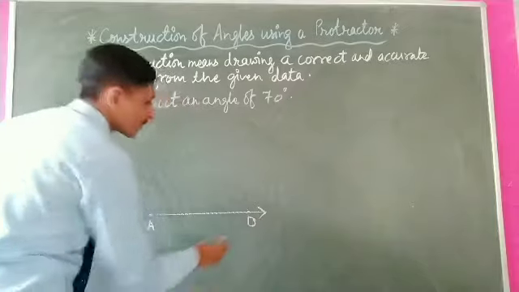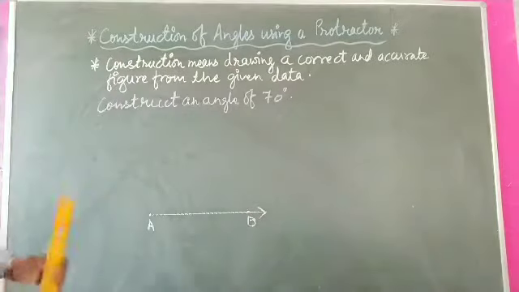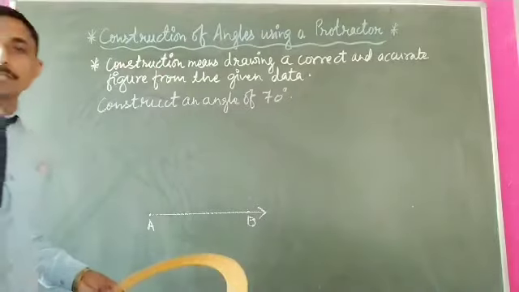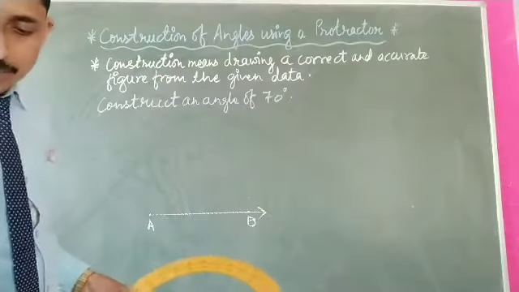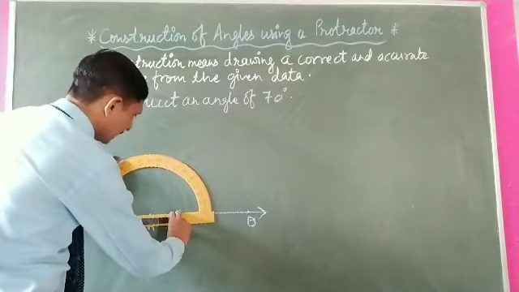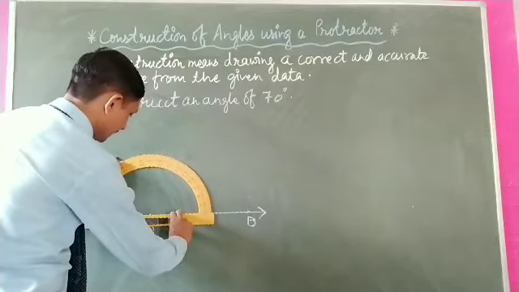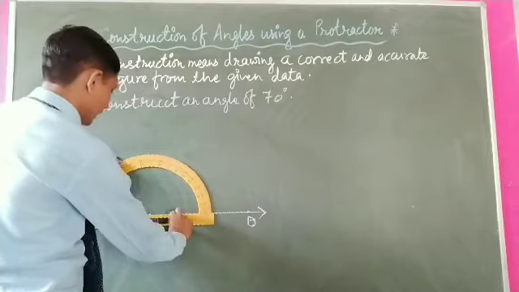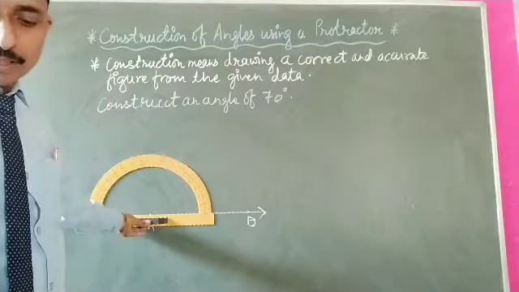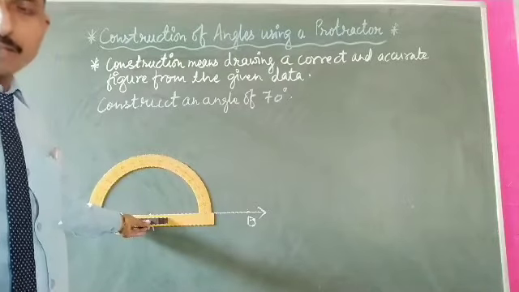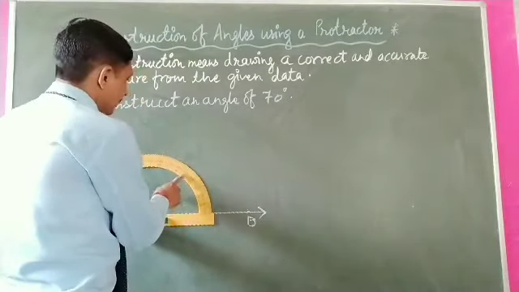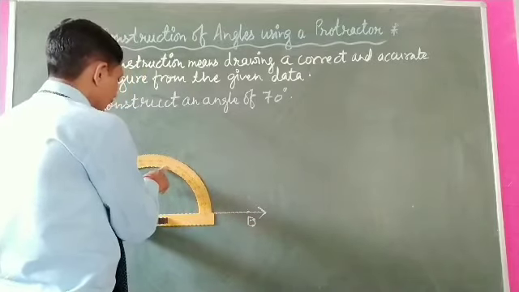Now place the protractor with its center at A and the baseline on AB. Now what do we have to do? Start from 0 on the inner scale and read up to the 70 degree mark.